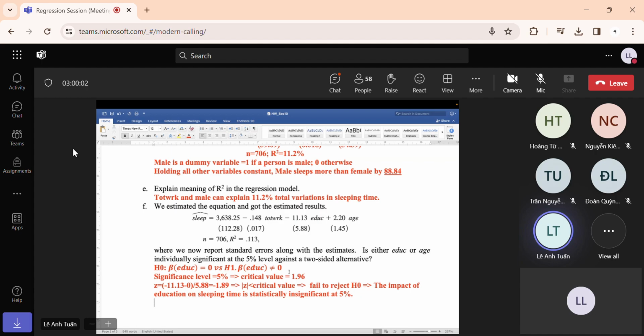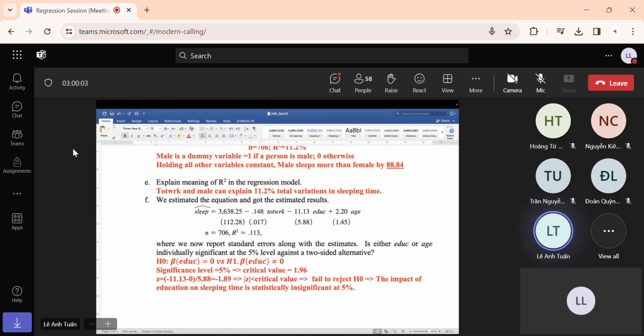If we reject, the coefficient is different from zero, meaning significant. But here we fail to reject, so the coefficient is close to zero, which means insignificant. So in definition, there is actually no relationship between education and sleeping time in this situation.